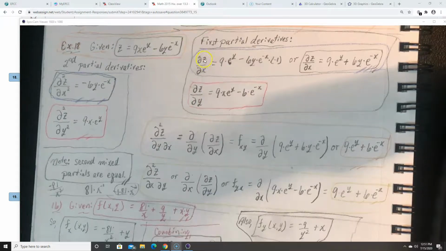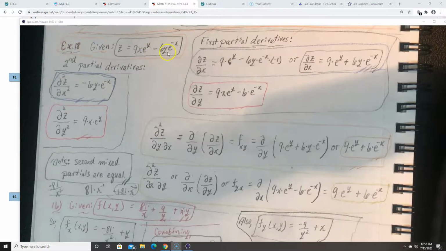So the partial derivative of z with respect to x, let's differentiate these two terms with respect to x. y is fixed, so e to the y is a fixed constant, just like the multiplied 9 is. And the derivative of x with respect to x is 1. So we get 9 times 1 times e to the y, which is 9 e to the y. So that's the derivative of this term.